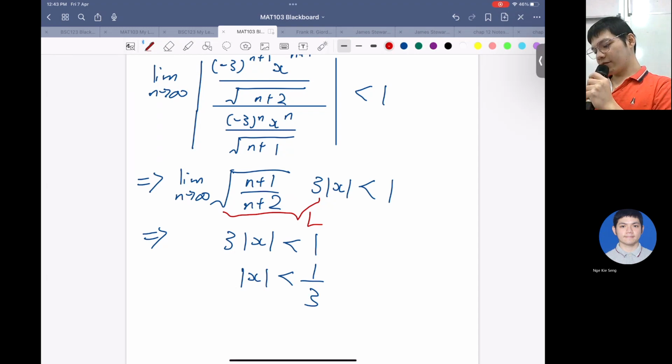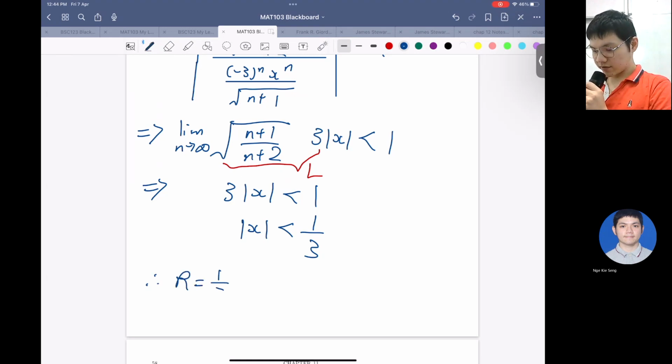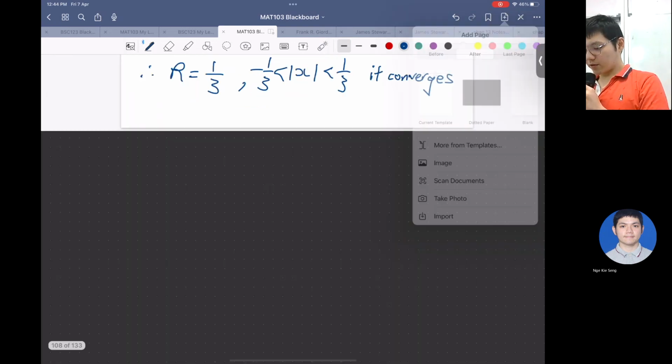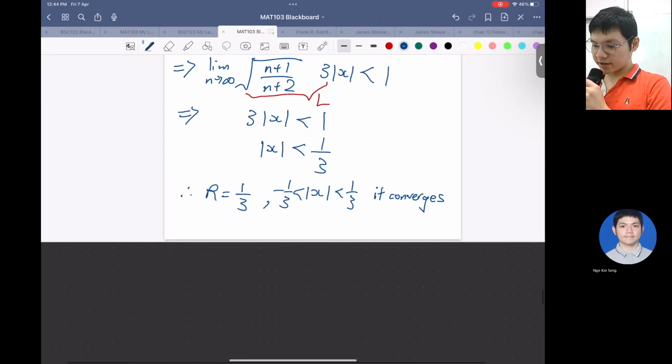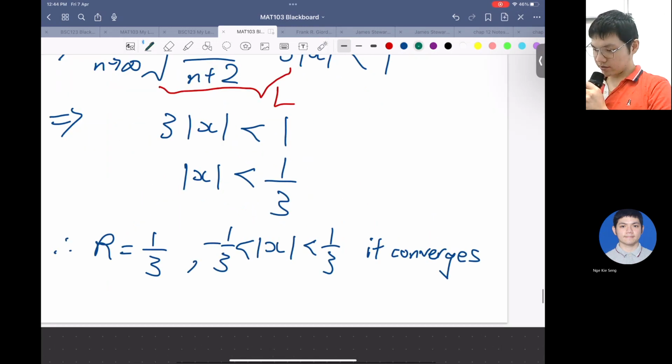And what else? So let me write out first before we do anything else. So the radius is equal to 1 over 3. Which means for x in between minus 1 over 3 and 1 over 3, it converges. So we still need to check the endpoints, right? Whether it converges as well or not. So maybe we don't do it now. You can keep going on.